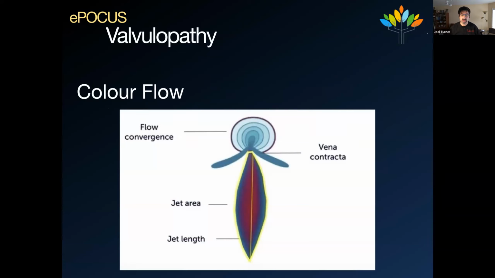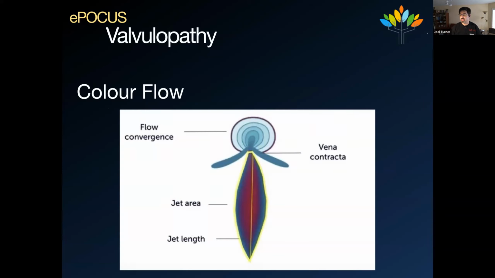The initial component is the flow convergence area, and that's the area just in front of the valve, where the velocities of the blood are starting to increase. Just in the same way that when you unplug a bathtub and you see that whirling water right near the drain, that's giving you an indication that there is a regurgitation there.